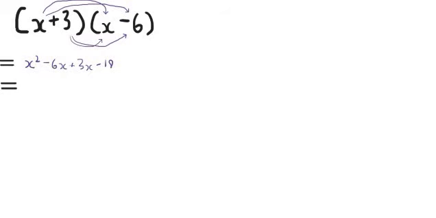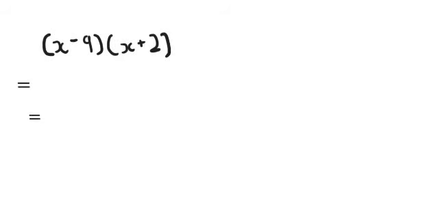So again, only the minus 6x and the plus 3x can be simplified. The x squared and the minus 18 cannot be simplified. So simplifying minus 6x plus 3x will just give you minus 3x, and then you just bring the 18 and put minus 18, and that is the final answer.